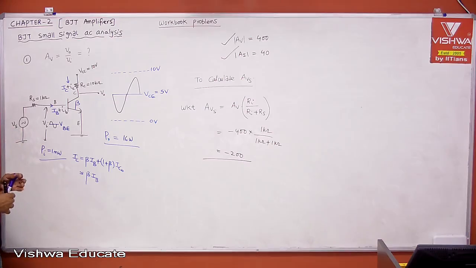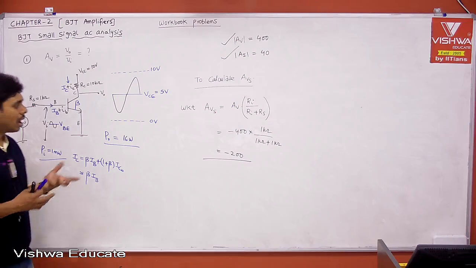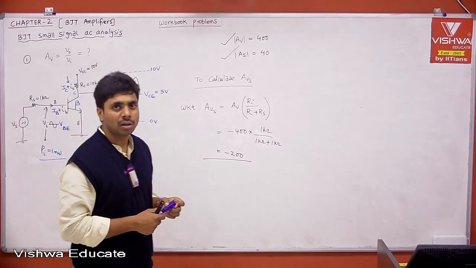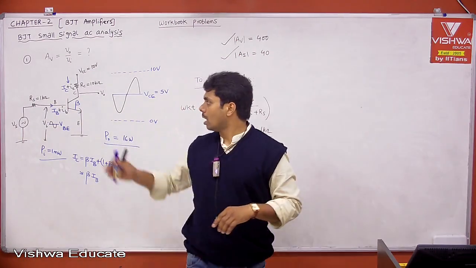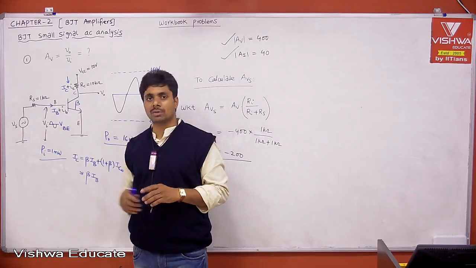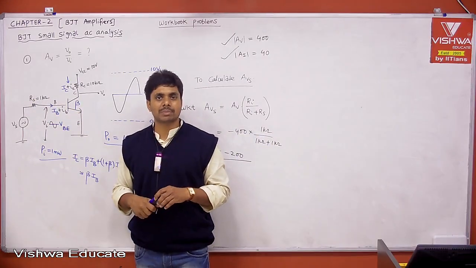Even though your amplifier can have a voltage gain of minus 400, because of your Rs, the practical voltage source, the real voltage gain with respect to V0 to Vs is minus 200. Half of the gain has gone because of Rs, which is not acceptable.